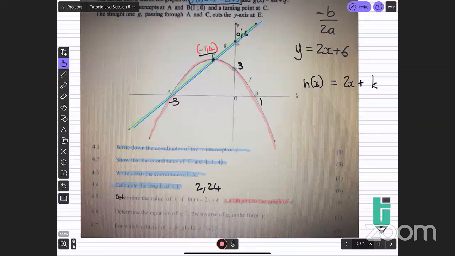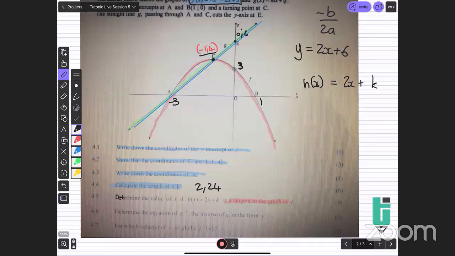But now they're saying it's a tangent. So what does that mean? Naima, what did you say about the tangent to the graph? The gradients are equal at the point of contact.